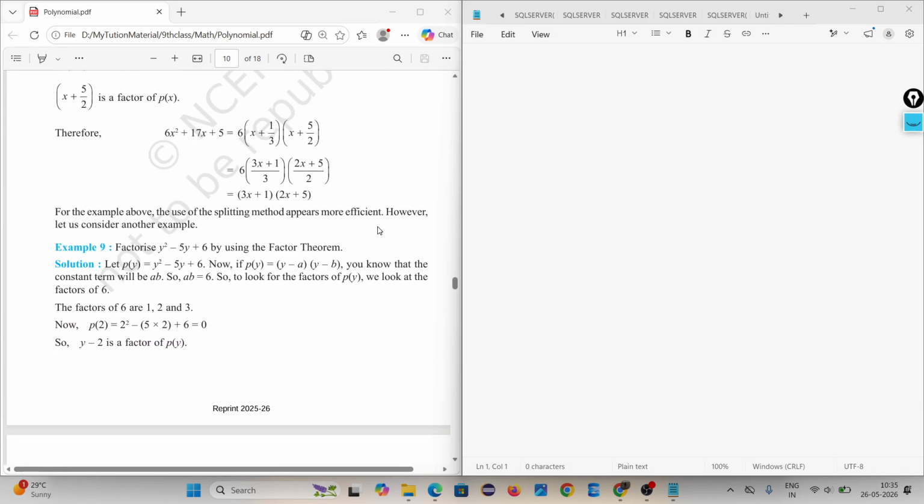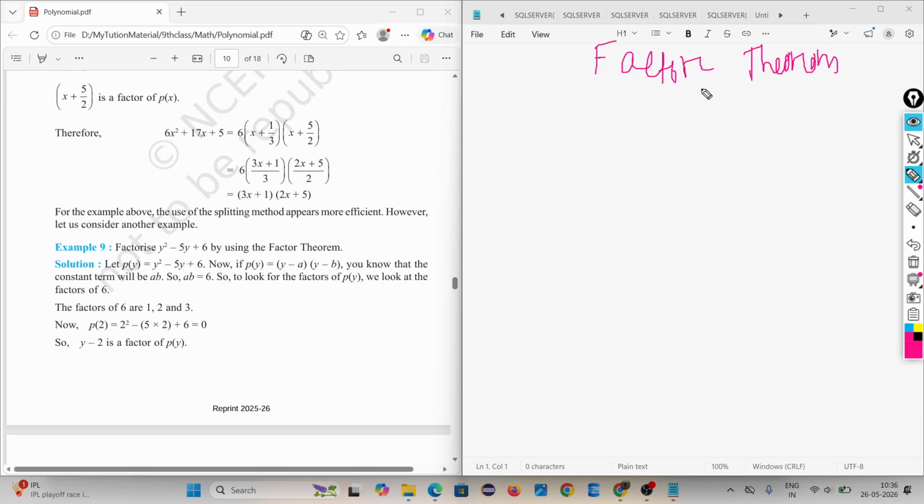Then we will learn the factor theorem. The factor theorem is nothing but the same thing.